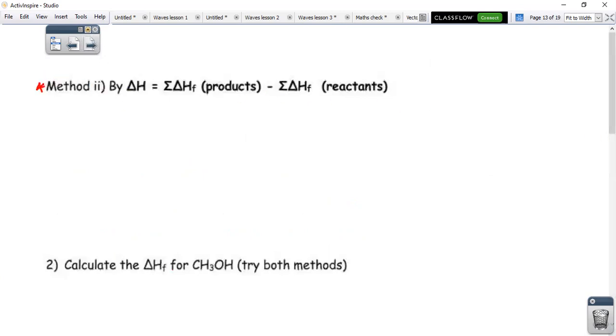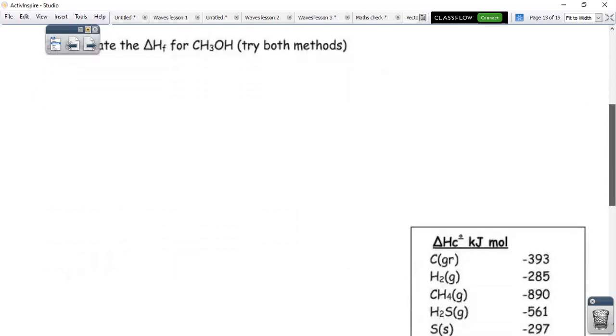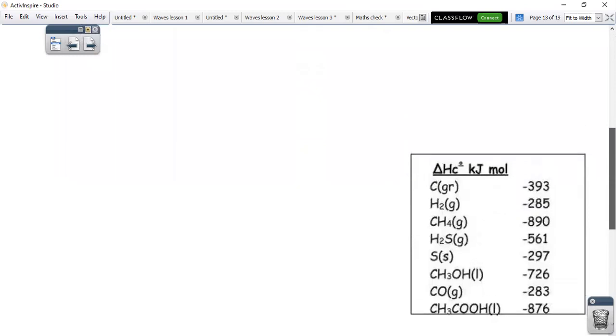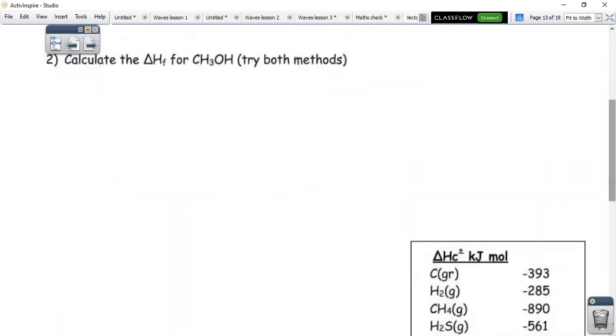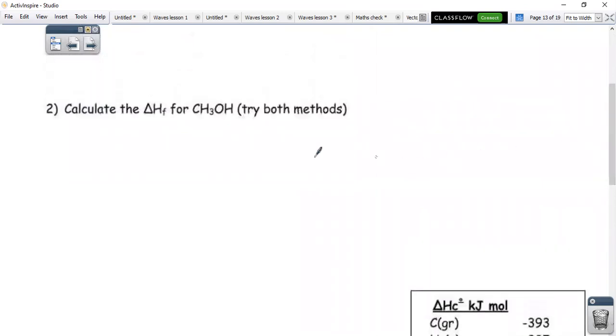So for this one here anyway, it says calculate. Now here we go. We've now got values of combustion in this one here. That one didn't have values of combustion. That's fine. So it says calculate delta H for the formation of methanol, and try both methods.